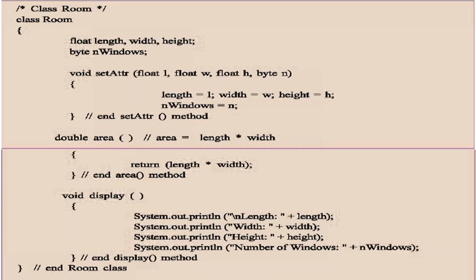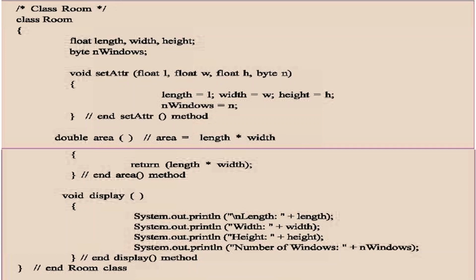We are creating 4 variables: length, width, height, and n windows. Length, width, and height are of type float, so they can store numbers with a decimal point, and n windows is byte type, so it can store only whole numbers without a decimal point, limited from -128 to +127, not a number bigger or smaller than that.